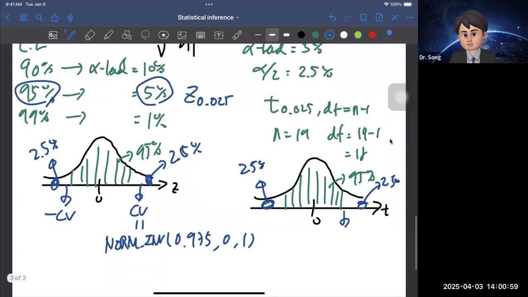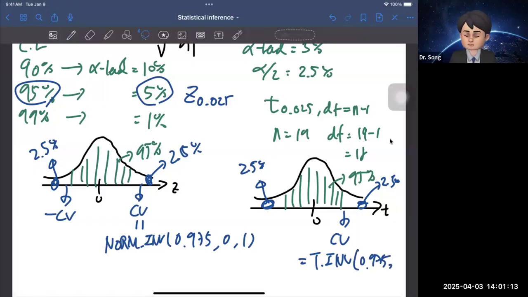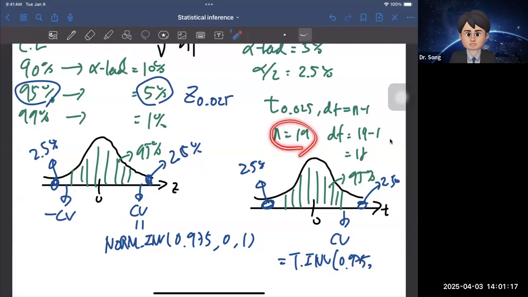And let me get this positive t critical value, which is T.INV. So I'm talking about using Excel and getting this critical value. T.INV 0.975, same as a normal distribution, comma, you need to put degrees of freedom. In this case, like I said, the n is given as 19, then you just need to put 18, which is sample size minus 1.